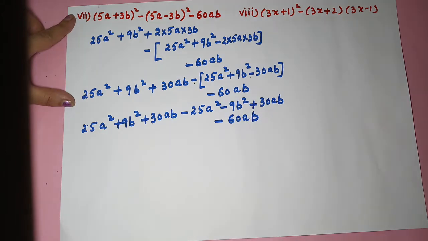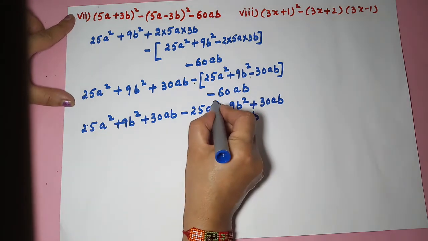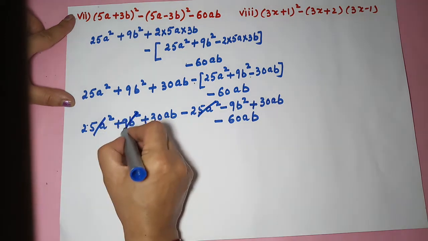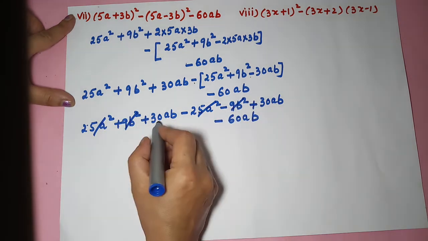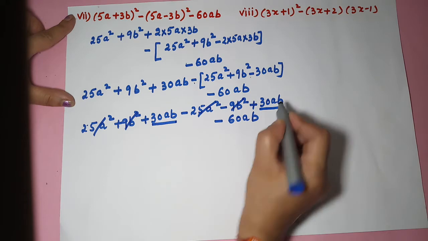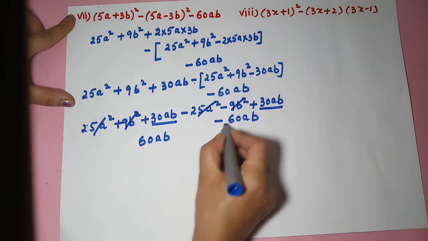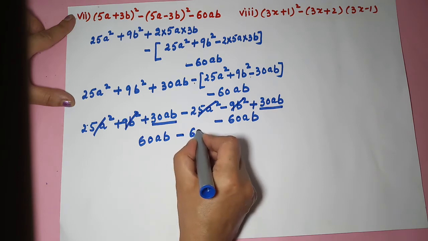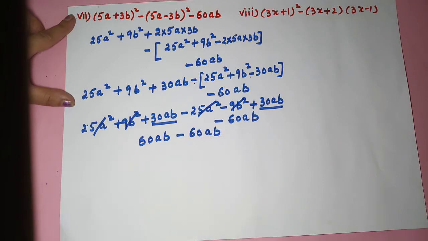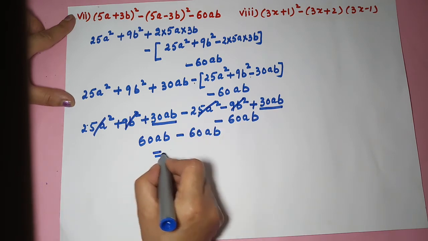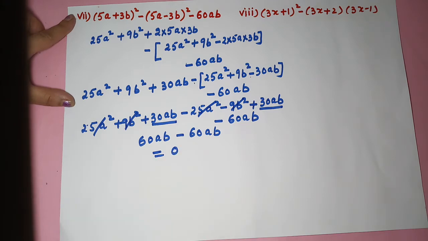Now let's see if we can cancel anything here. Yes, this and this will go, this and this will also go. So we are left with 30ab plus 30ab, that is 60ab, and we already have minus 60ab here. So 60ab minus 60ab is 0, right?